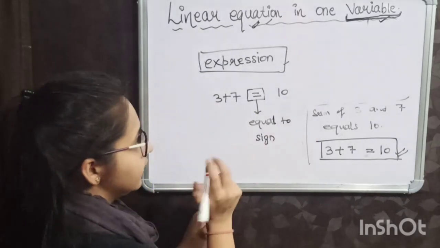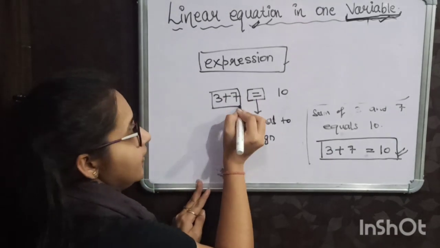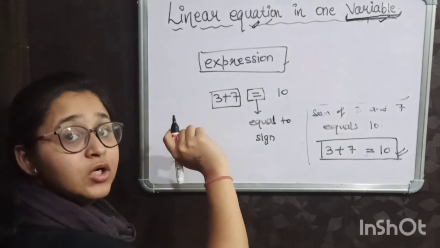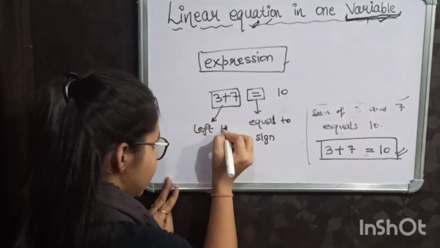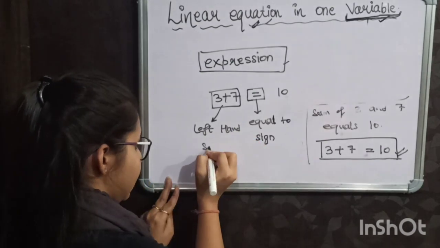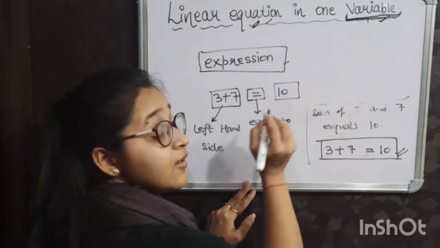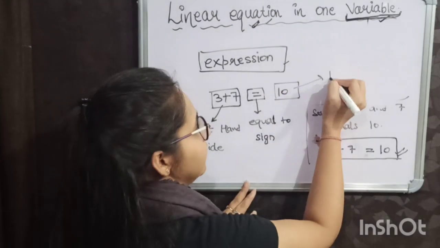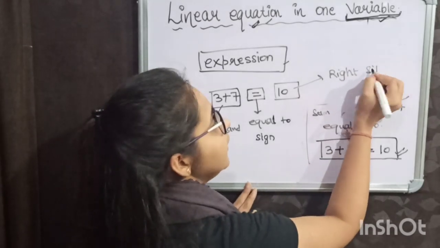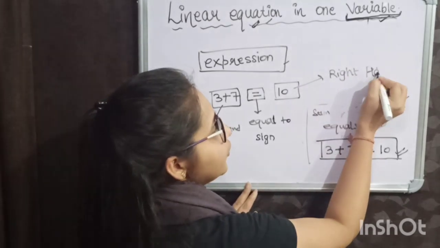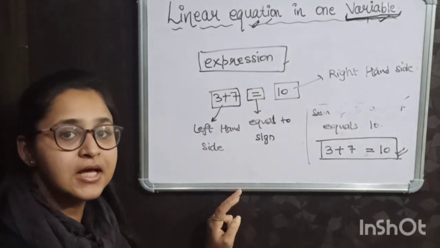Now there is another term in an equation, and that term is this side, the left side of the equal to sign, and it is known as the left hand side. Similarly, this side is known as the right hand side. So in an equation, there are three terms: equal to, left hand side and right hand side.